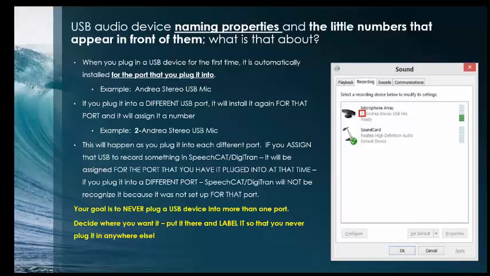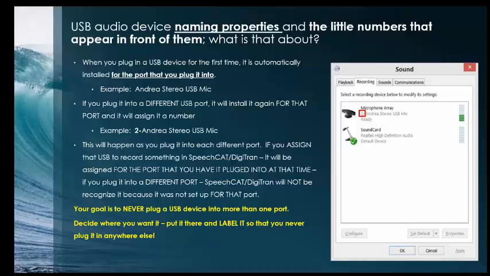And that is how you get those little numbers. When you go to Sound Setup and you choose a USB audio device with the little number or without, you're selecting that USB device and that USB port with whatever's plugged into it.